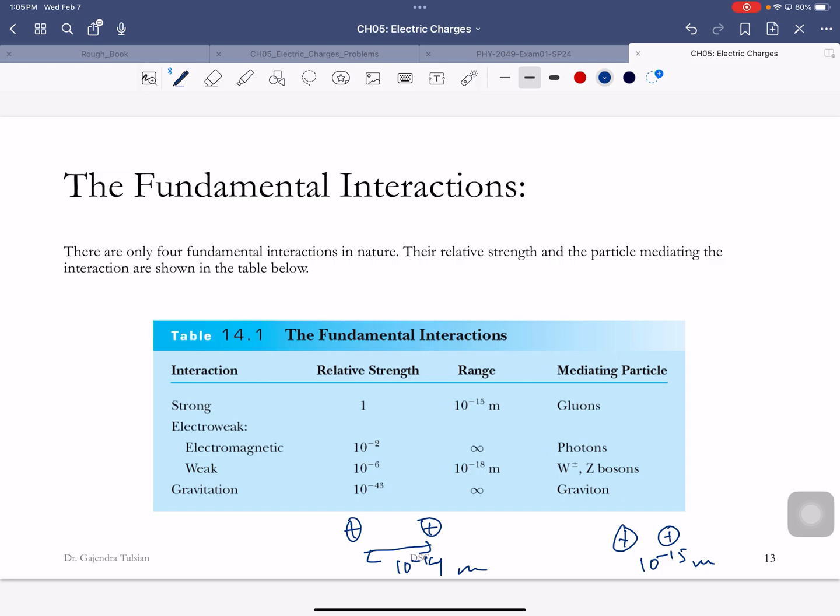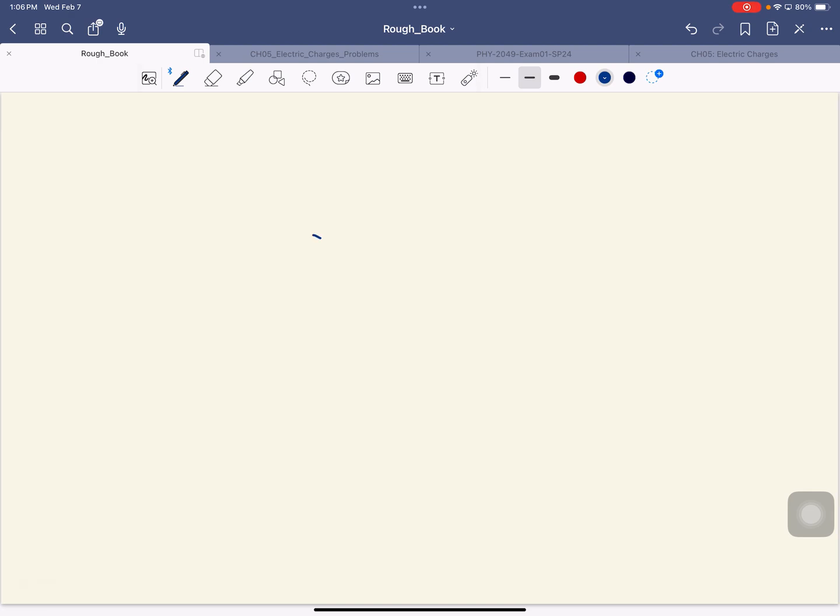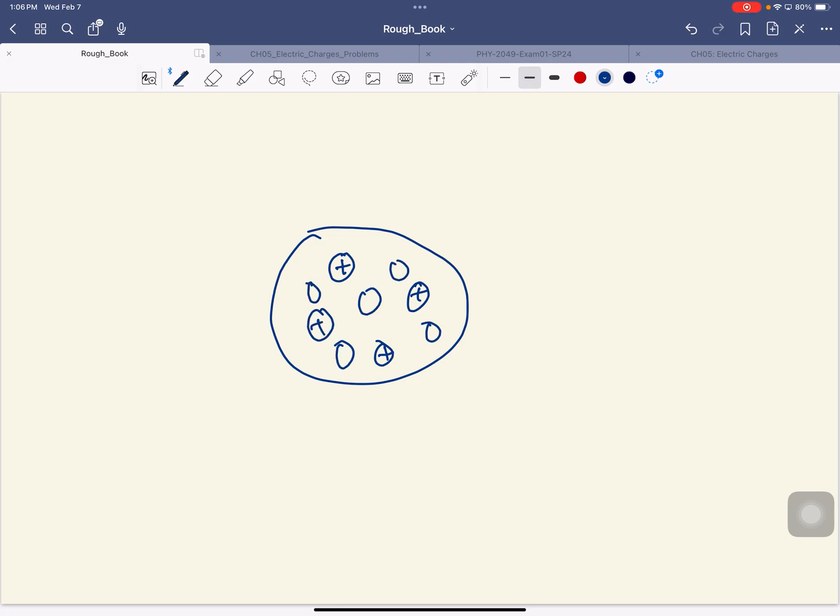Now this explains a couple of things. We've been drawing nuclei of atoms, so here are protons and neutrons. Here's the question for you guys. You just saw that the electrostatic force is quite strong.